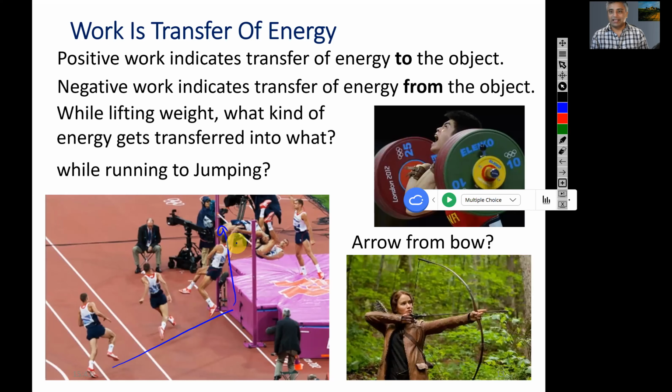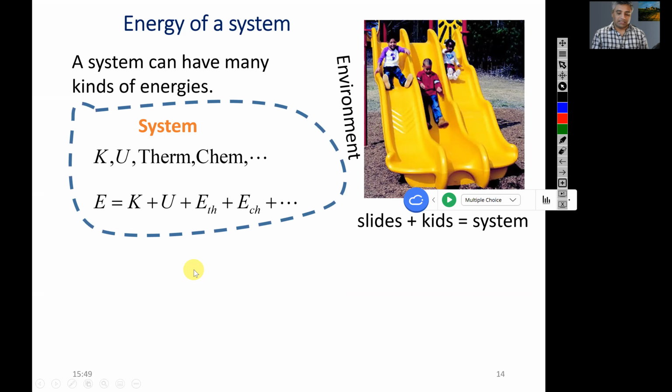So there are these different kinds of energies, and the total energy we call the energy of the system. One could be kinetic energy, another could be potential energy, yet another could be thermal energy. For example, when you rub your hands, you are doing work, and that work is coming out as heat.